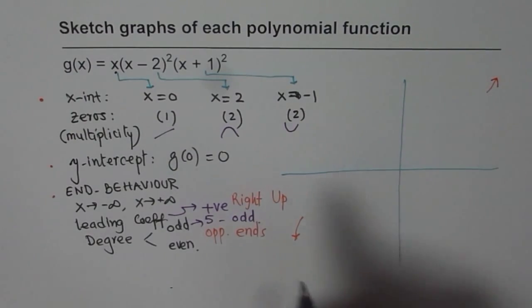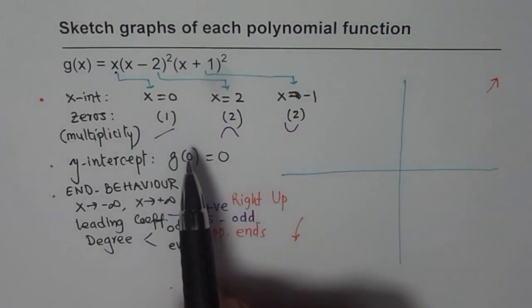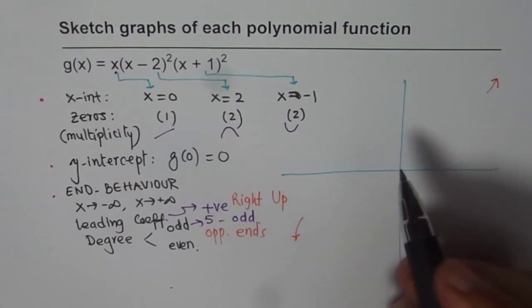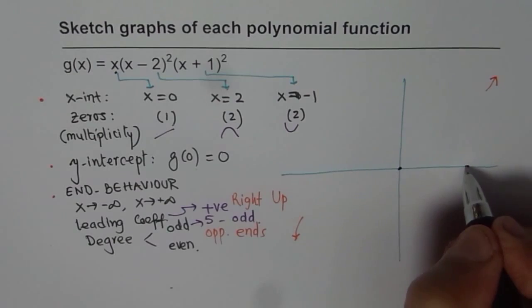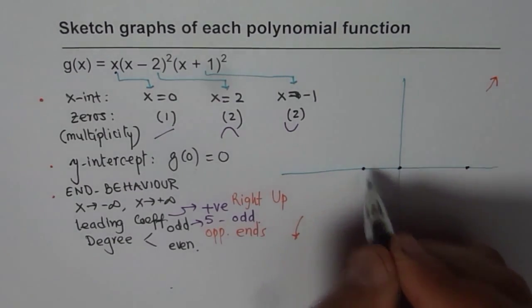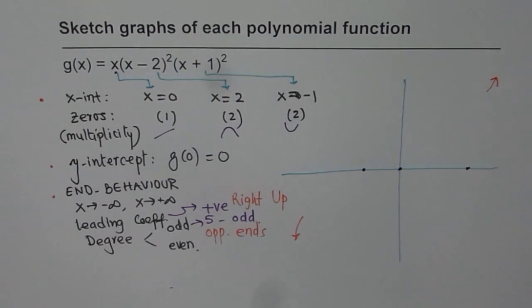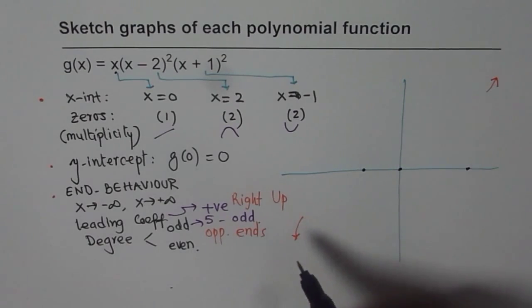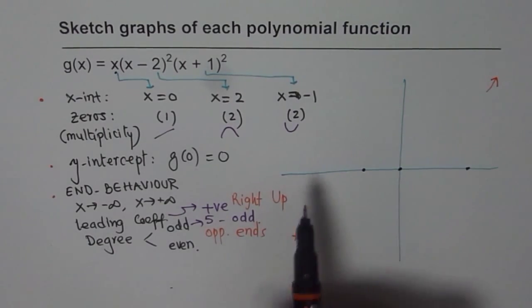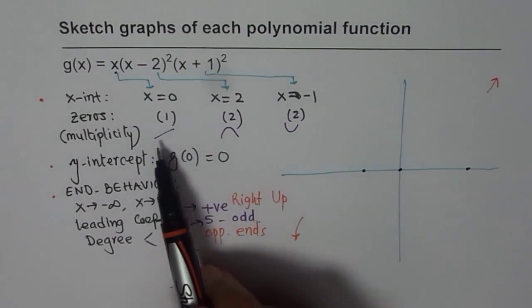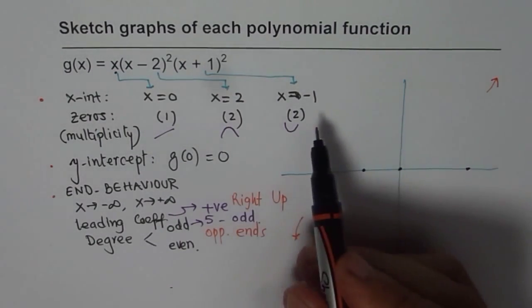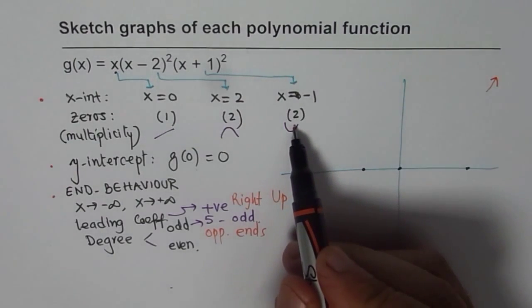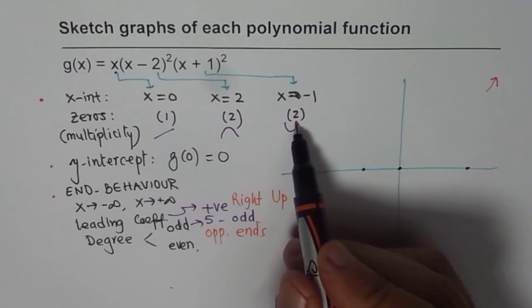Let's begin by plotting the x-intercepts, which are at 0, 2 and minus 1. Let's say this is our 0, this is 2, and this is minus 1. Remember, we have to begin from quadrant 3. The zero at minus 1 has multiplicity 2, so it behaves like a parabola.